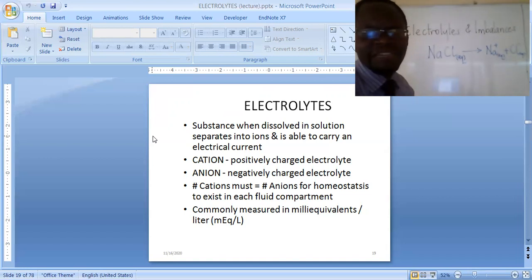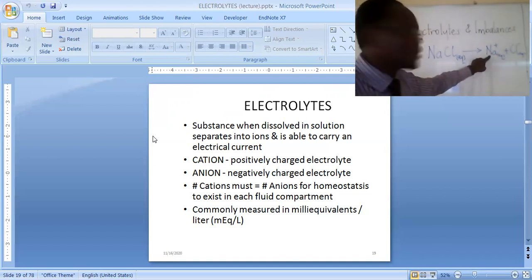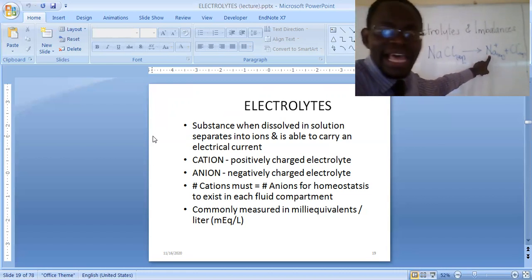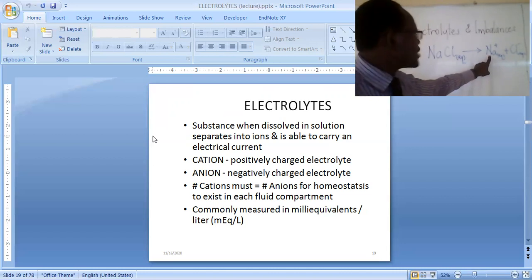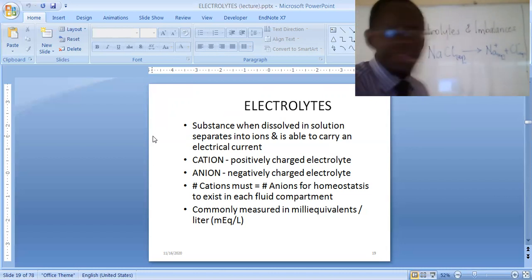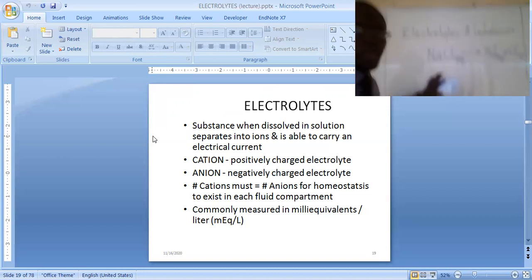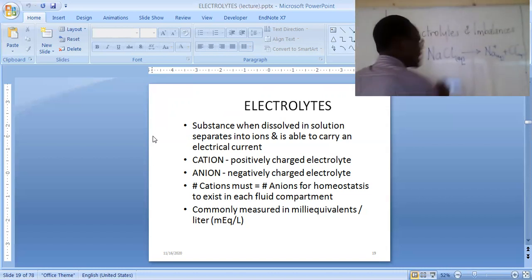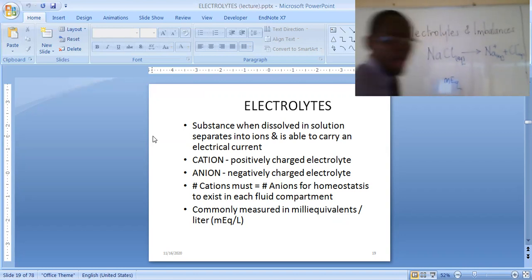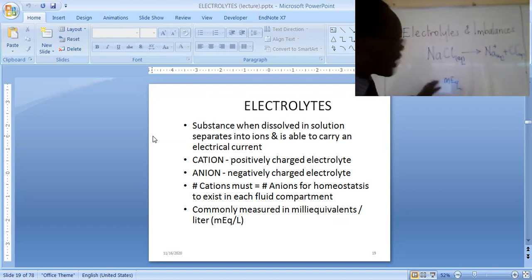Now the positively charged ones are what we refer to as the cations, while the negatively charged ones are what we refer to as the anions. Is it clear? And in our body, the units that are used to measure them are milliequivalents per liter.